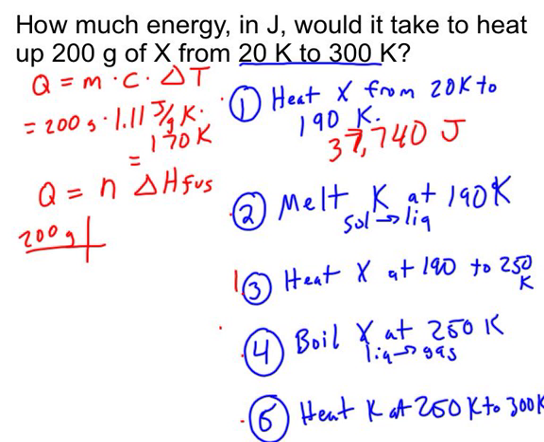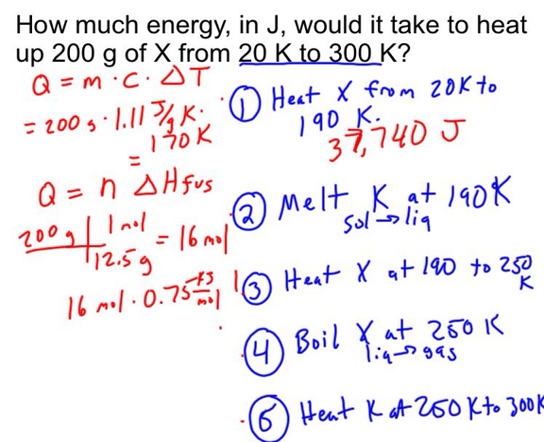So 200 grams of this substance, 12.5 grams per 1 mole. 200 divided by 12.5, I get 16 moles. So I have 16 moles of this substance I want to melt. And remember, it takes 0.75 kilojoules per mole to melt it. So I'm going to multiply that out, and I'm going to get 12 kilojoules.